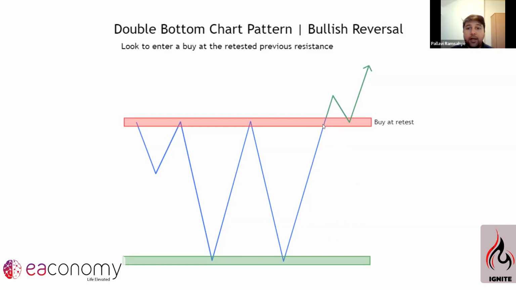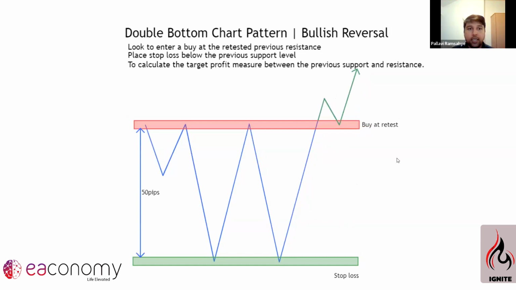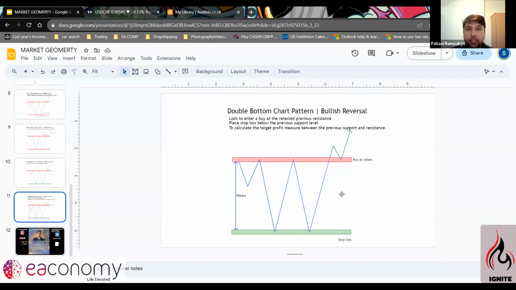So we have that confirmation that momentum picks up as we make that breakout. Okay, so we're looking to buy at the retest. And then for the stop loss, personally, I like to place my stop loss behind the previous sort of support zone.